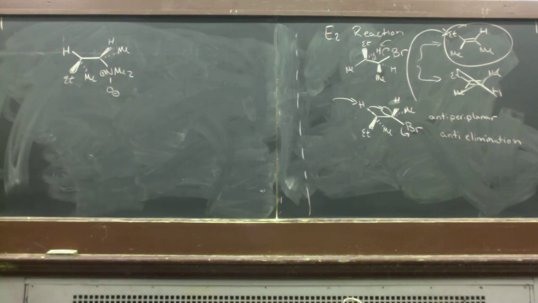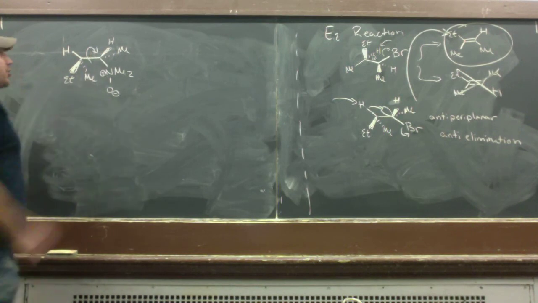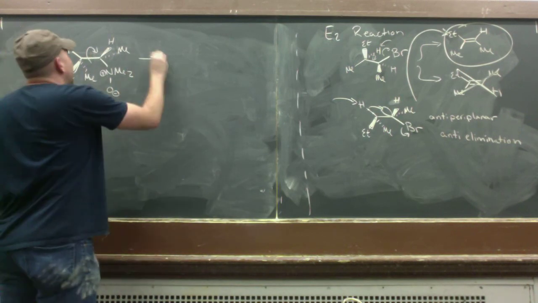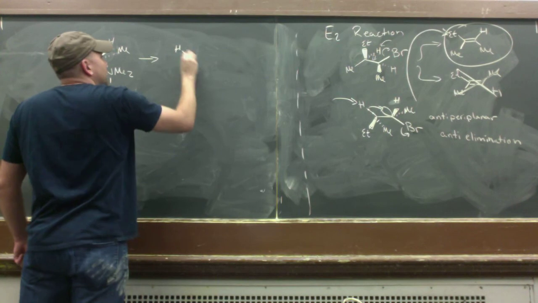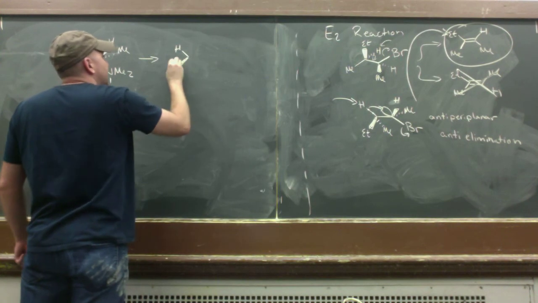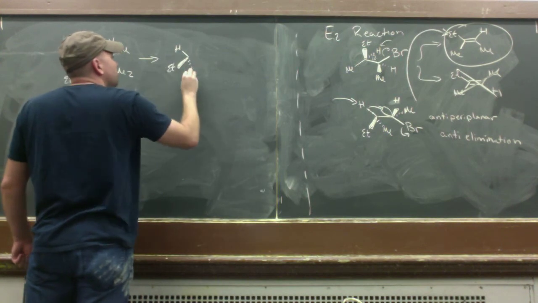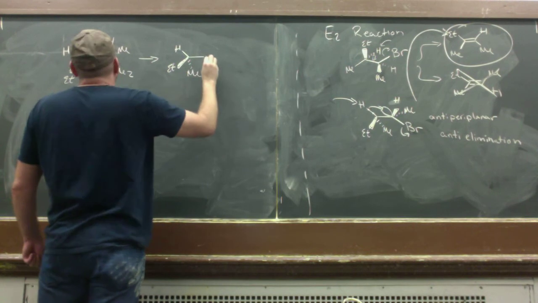Right? Now that sort of internal base is on the whole other side of the molecule. So in order for a syn elimination to take place, again, it should be straightforward. Instead of it being anti, we need to make the process syn. Right? And so if we rotate around this bond, what we will see is that you have the ethyl group here, and you have the methyl group there.